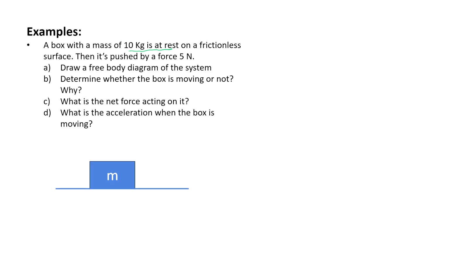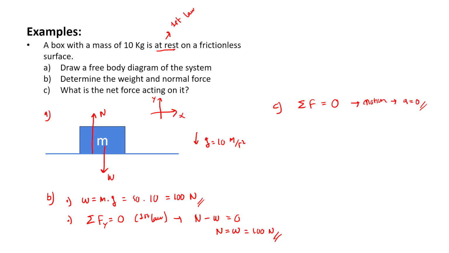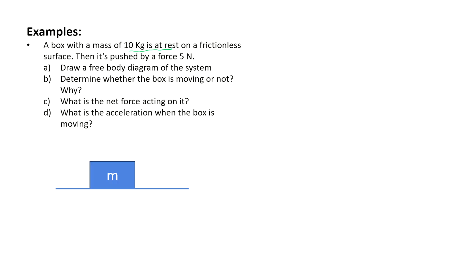Next, for the second question, actually this is the same picture but with different cases. The first one is W. We can redraw the free body diagram like this. But we can focus on the next sentence, that the box is pushed by a force of 5 Newton.